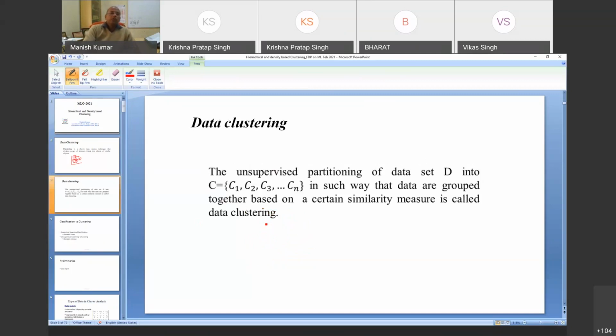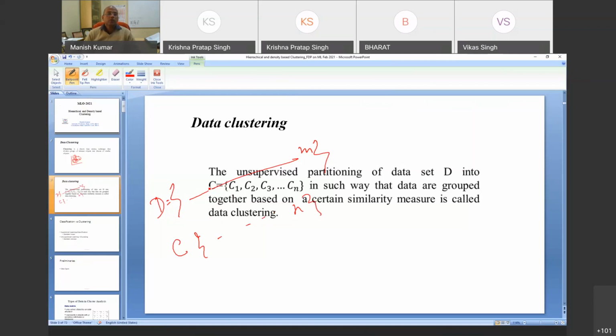Formally, it's an unsupervised partitioning of a data set D into a set of classes, say n number of classes, in such a way that data are grouped together based on a certain similarity. This is known as a data cluster. Say you have data points D, m number of points, and n number of classes.